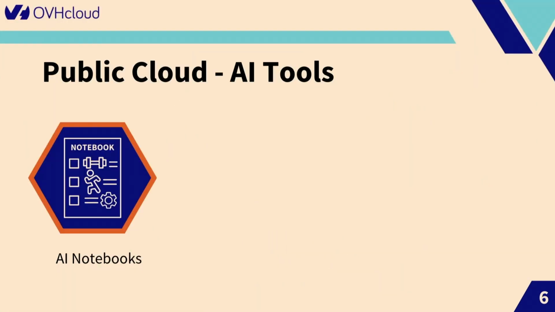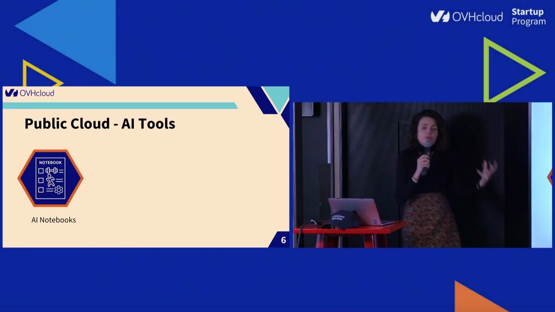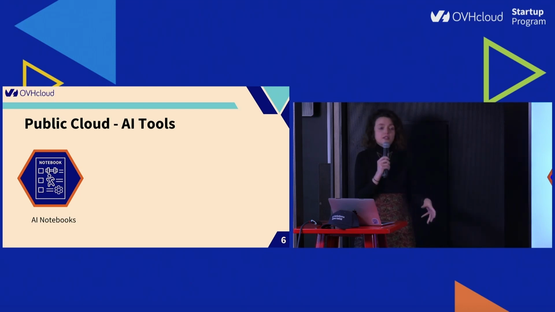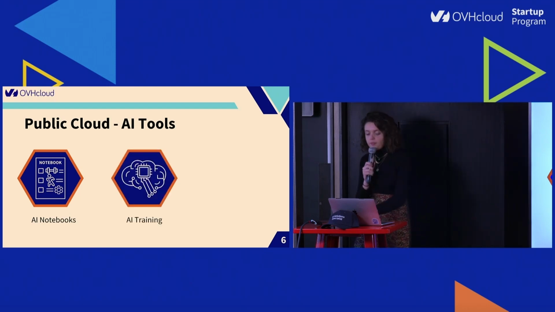Okay, so let's go for AI tools. Bastien did the presentation before, but just to sum up, with AI Notebooks, the first one, you can do some data exploration, build a model, train it, and test it, thanks to GPU power. After that, you have AI Training.